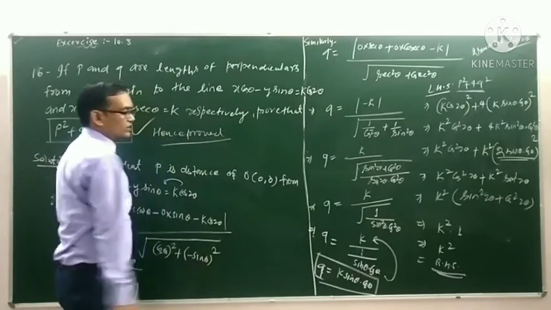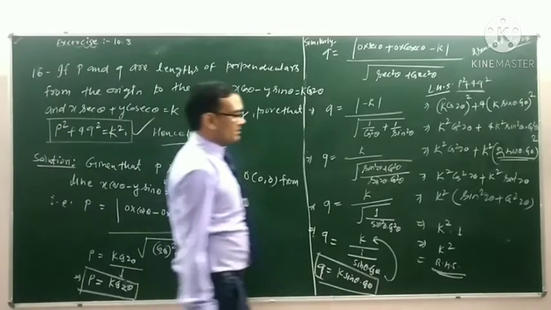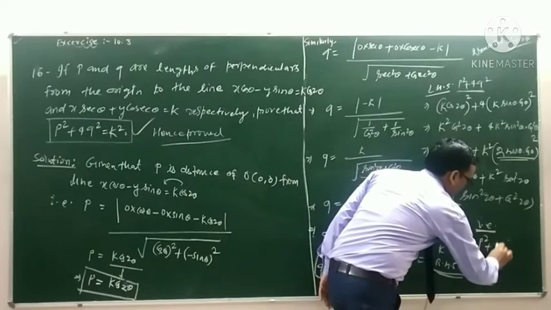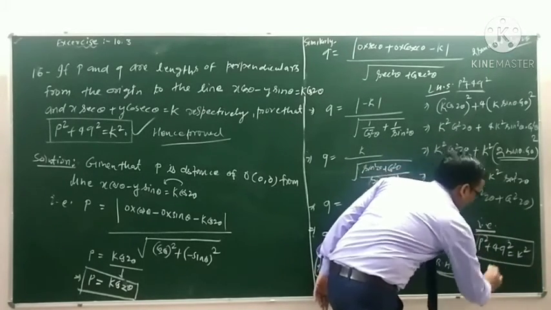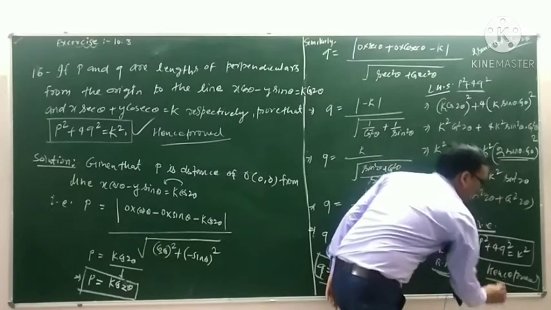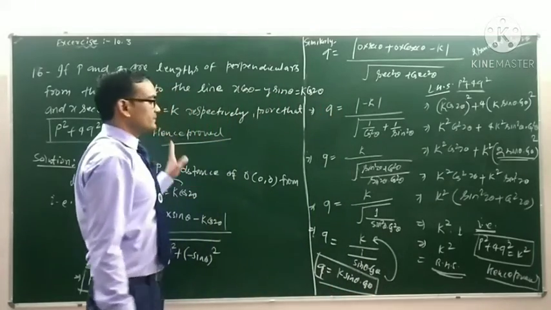You understood this question? Okay, that means p square plus 4q square equal to k square. Hence proved. Okay students, let us move to question number 17.